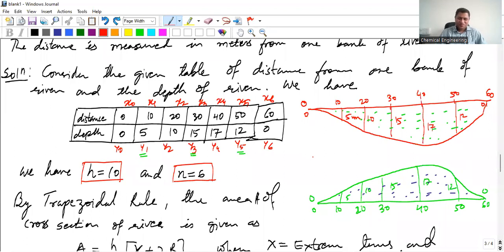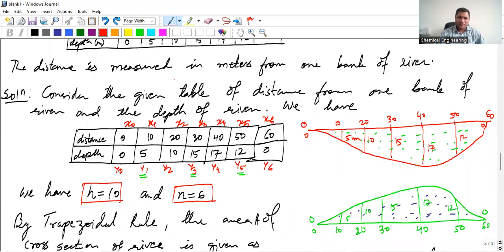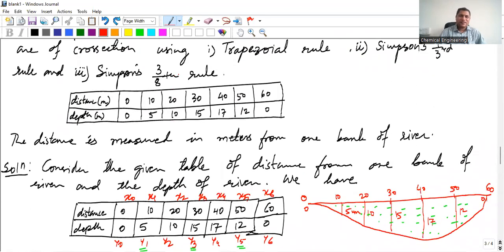Sir, I did not understand why n is the best choice here. We can take 8 also. Very good. Suppose we choose n is equal to 8. What is the restriction on n in Simpson's 3/8 rule? How many subintervals do we want in the 3/8 rule?